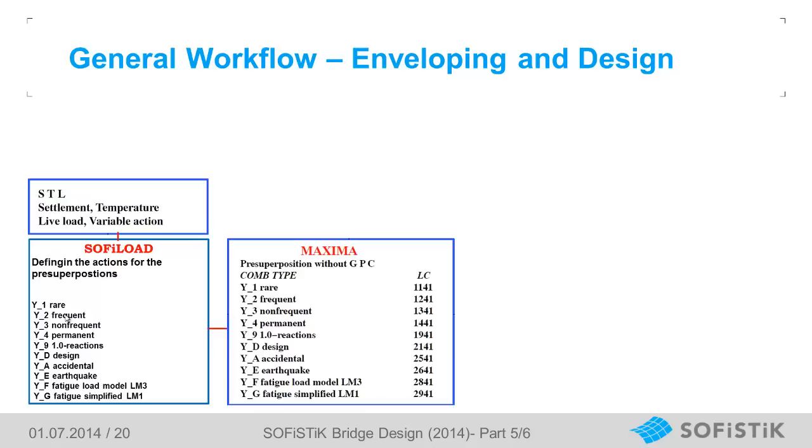Then we made our pre-superposition, but without GPC at first. This pre-superposition information is stored in these containers, and then we're also using the GPC loads, so the dead load, pre-stress and creep. These load cases were created by the program CSM, so these are the different load cases, the 5000 load cases.